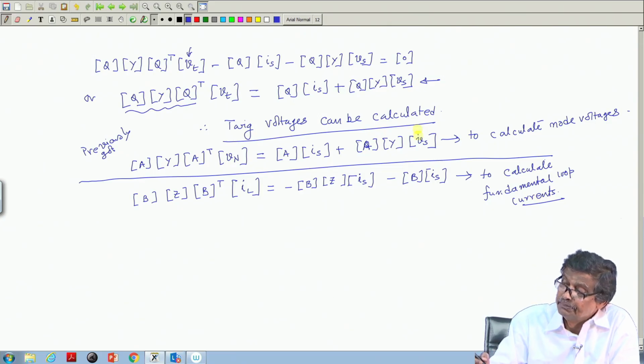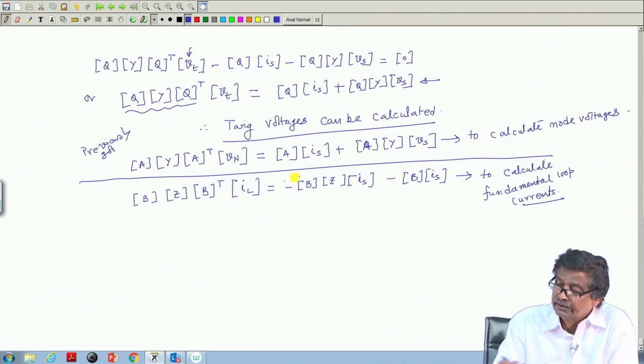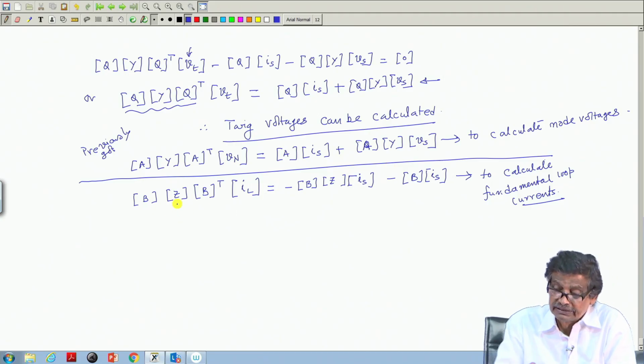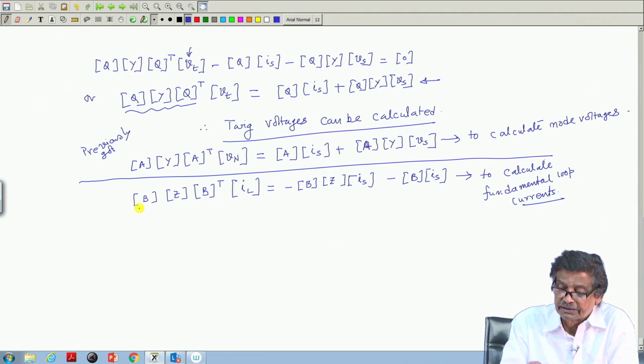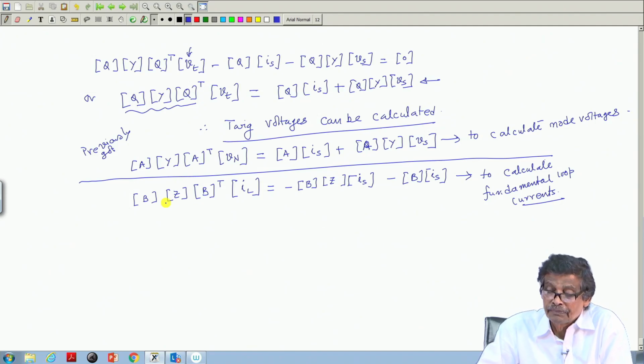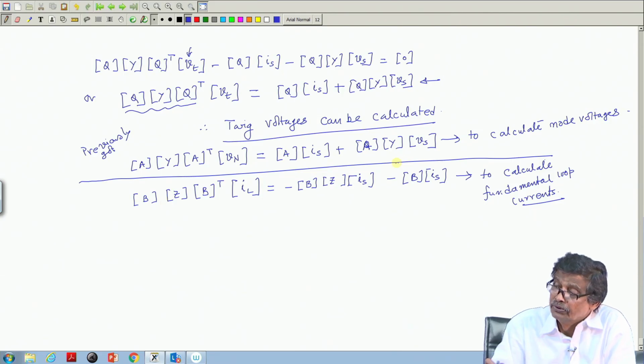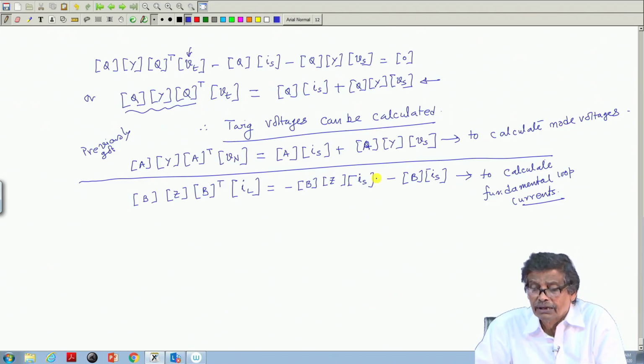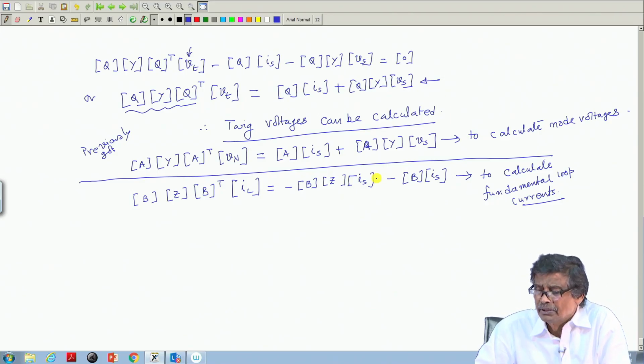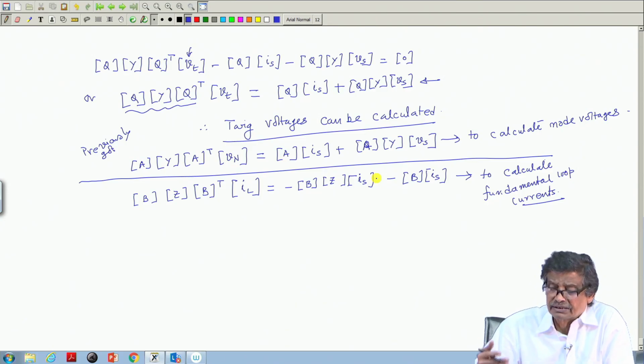So, these are the three methods, the final results, and Z is called the loop impedance. This whole thing is called the loop impedance matrix, B Z into B transpose. What is Z? A diagonal element. What is y? Diagonal y in all the branches, 1 over z k is y k. So, why does this method assume importance? Because if the network is large, you can write some codes.